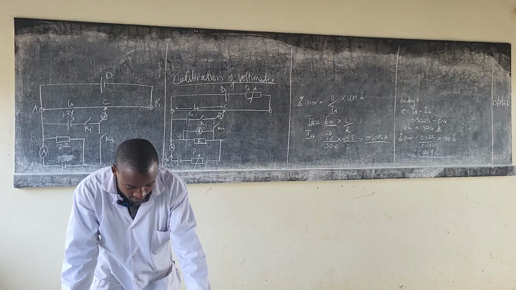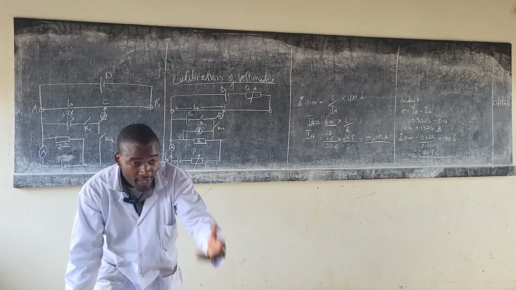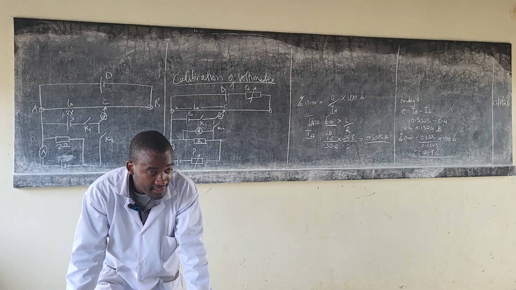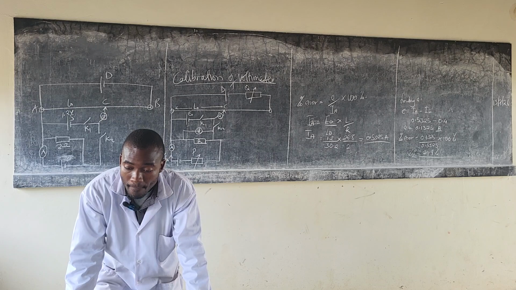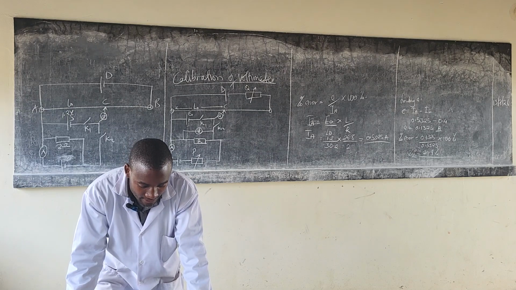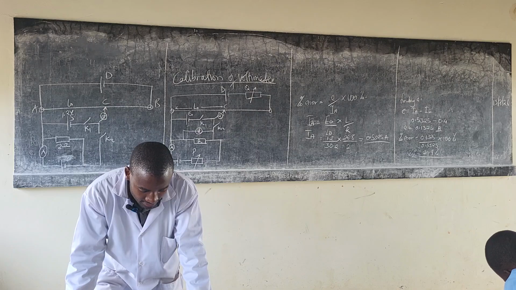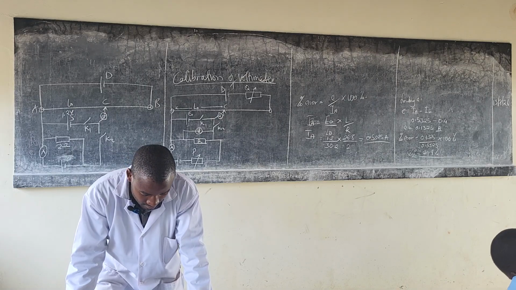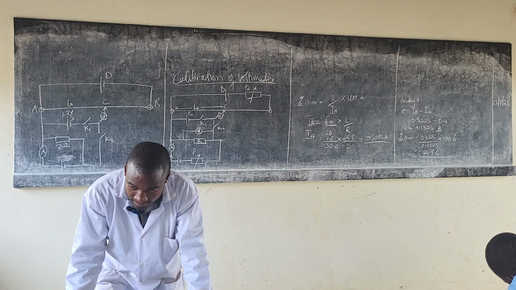A standard cell of EMF E naught, well, we are talking about the circuit diagram. A standard cell of EMF E naught and a rheostat P. Rheostat is RH.